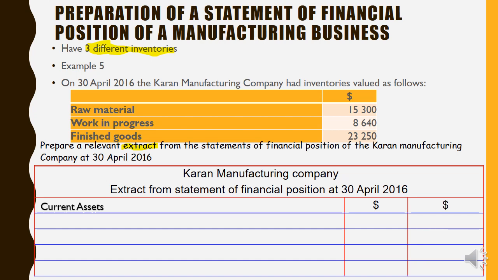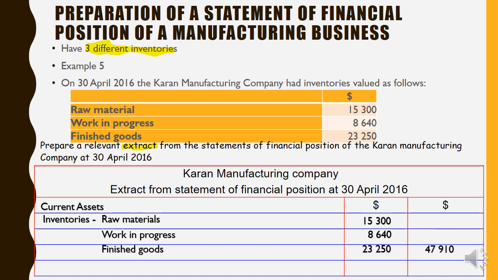Under the current asset, we write our closing inventories. First, raw material 15,300, work in progress 8,640, and finished goods 23,250. We total up and write the total, and then after that, as normal, you add the NCA plus the other CAs and everything. A normal statement of financial position. Only this current asset part will be slightly different from a normal business, so I show you here.